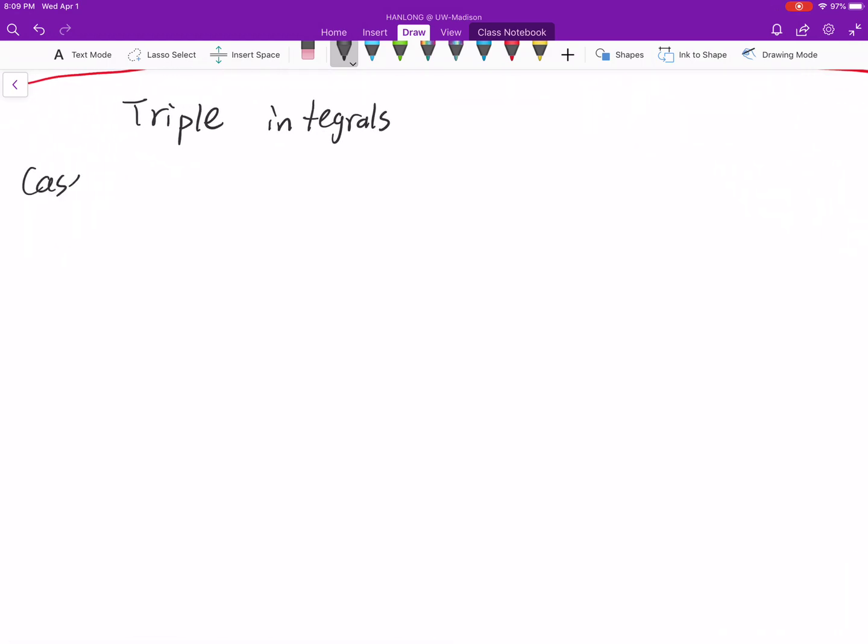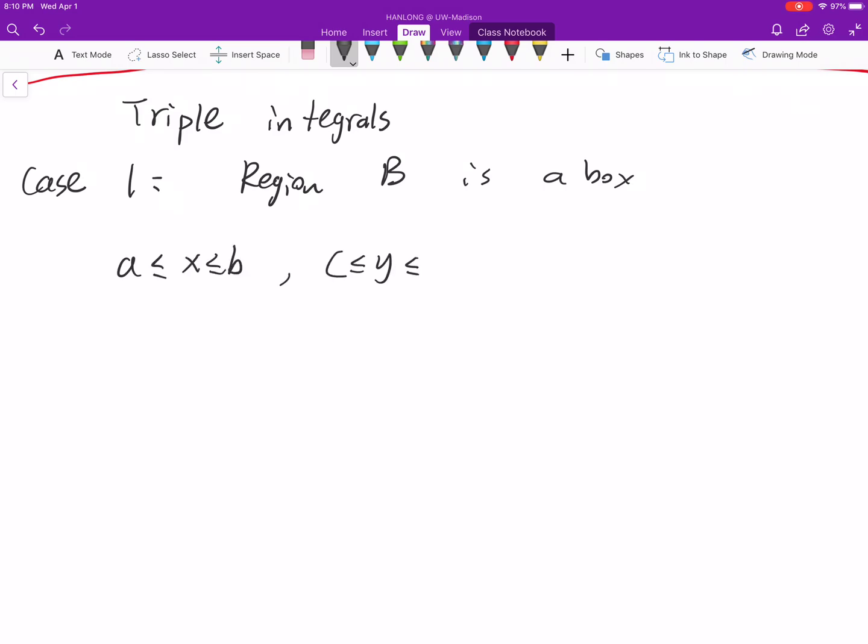And as we did before, we first study the easiest case. Region B is a box. So in other words, your variables x, y, z are bounded by certain numbers independently.